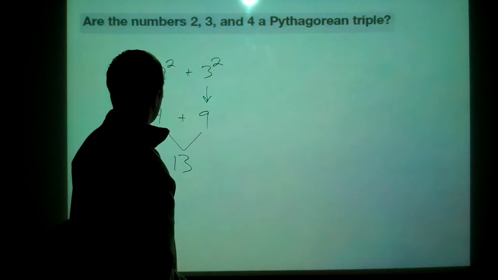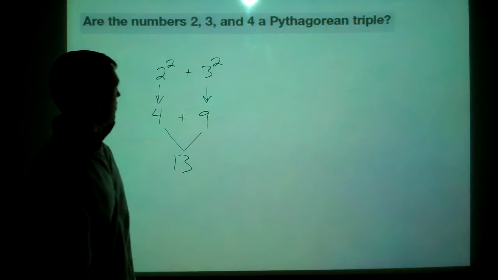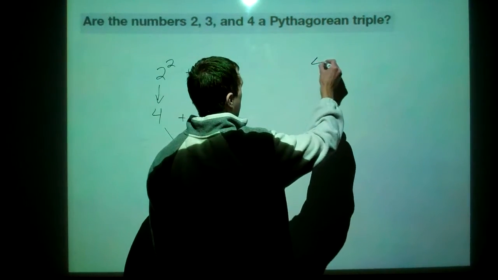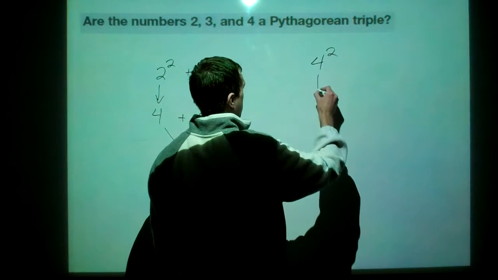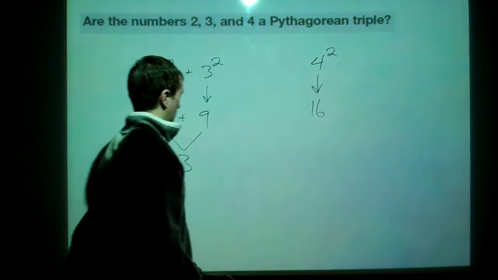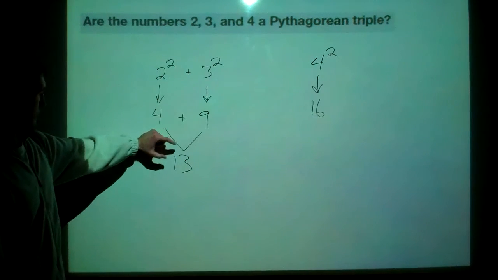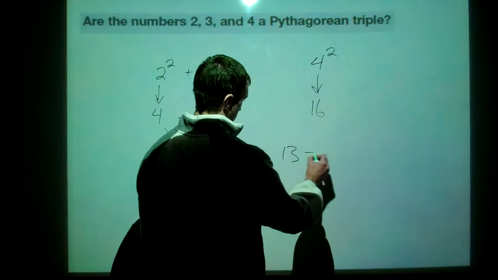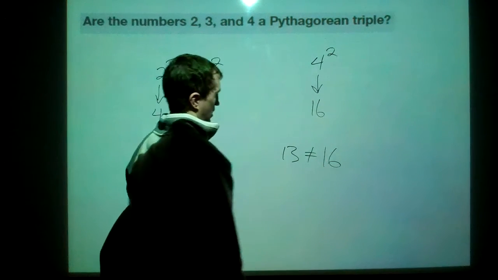So we'll check our 4 now. 4 squared would be our hypotenuse, which is 16. And 4 plus 9 is 13, which is not equal to 16, so we would just write this. 13 is not equal to 16.